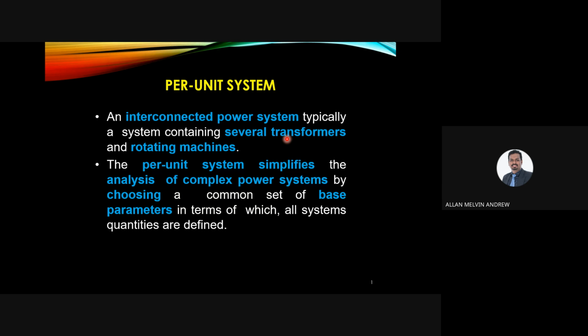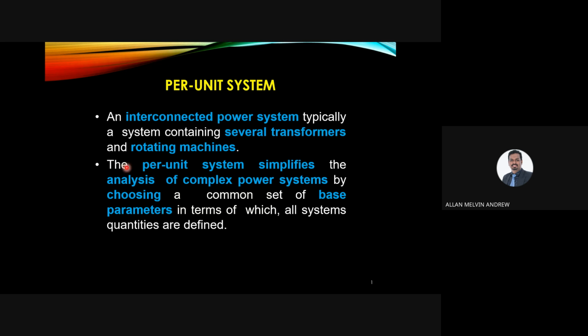So for the calculations for electrical machines, you need to do them for the real part and also the imaginary part in order to get the correct value that you want to use for the transformer or the rotating machine. So to manage this, because we already know the calculations will be very difficult and complex, we need to have a kind of system which can reduce it to an understandable level.